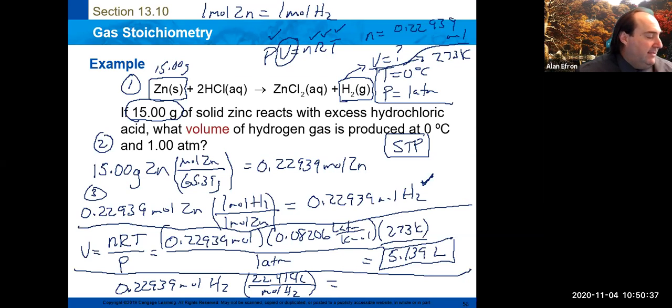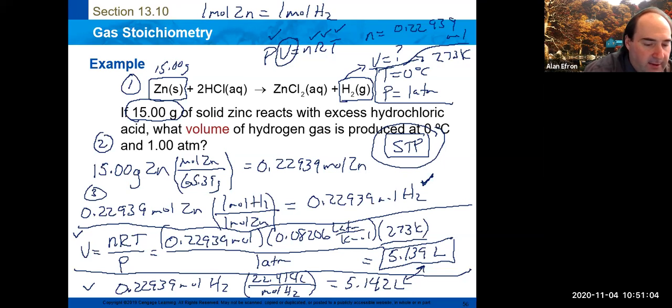And we'll essentially get the same thing with a little bit of rounding, slightly different, 5.142 liters. Essentially the same answer, basically 5.14. Again, if I round it a little bit more strictly, we would end up with the same answer. And you could have done it this way and avoided the ideal gas law. The reason you had that second option was because of the STP. Question on that calculation there.